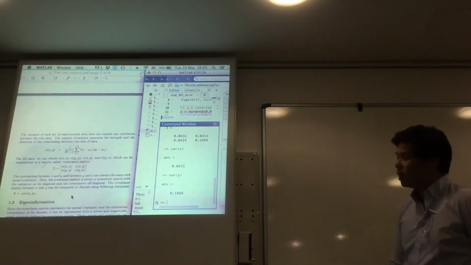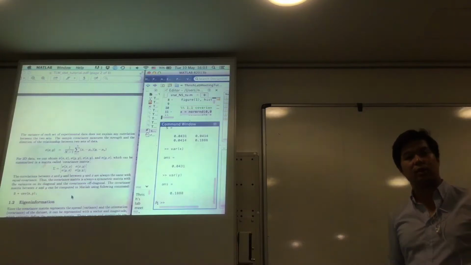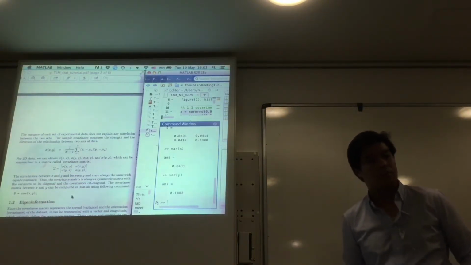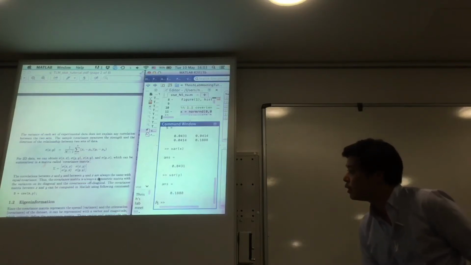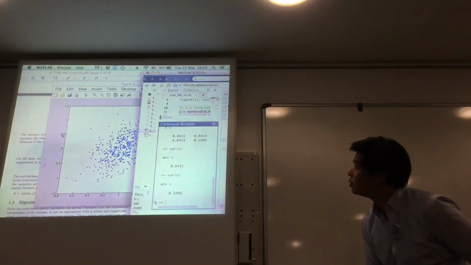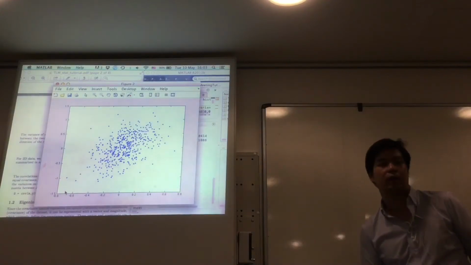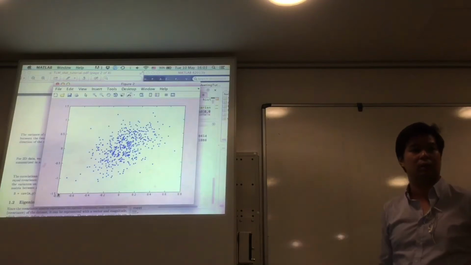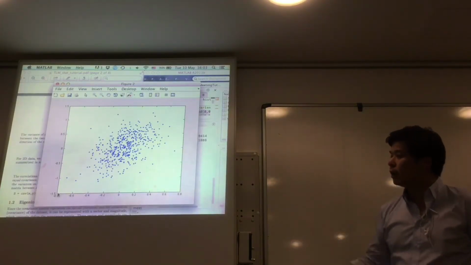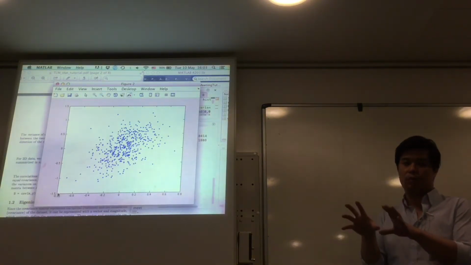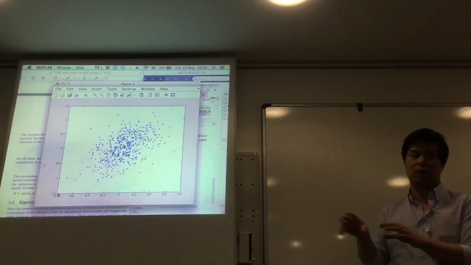How can we extract the information from those matrices? When you say covariance, what do you actually mean? The covariance means how the data are spread out in this feature space or eigenspace. So the covariance matrix tells you how those two are related to each other and in what direction.